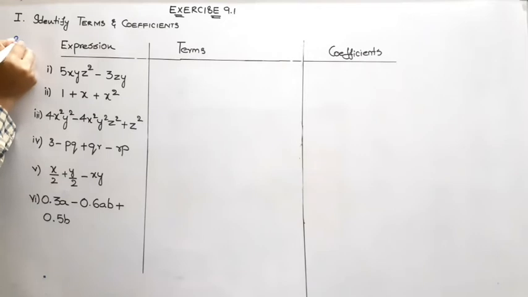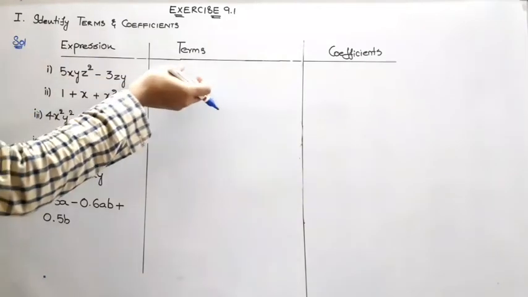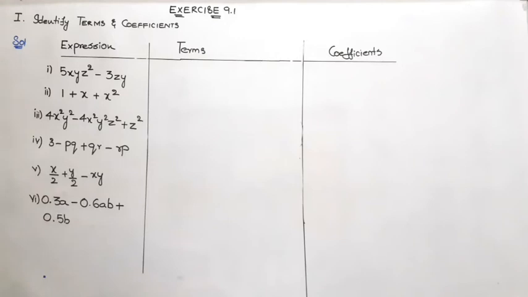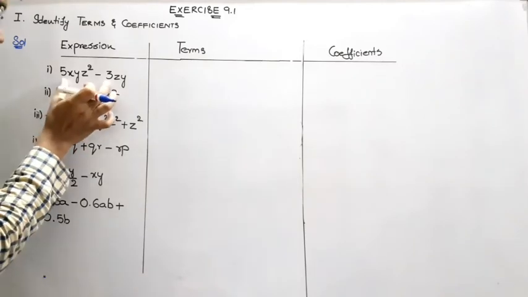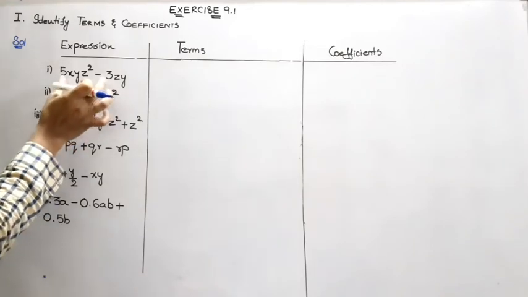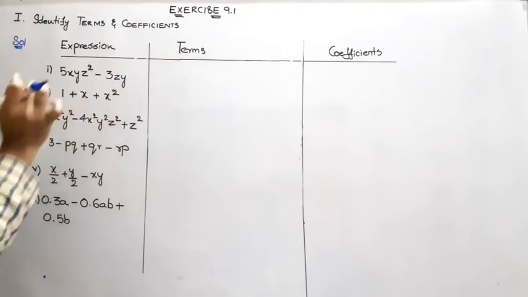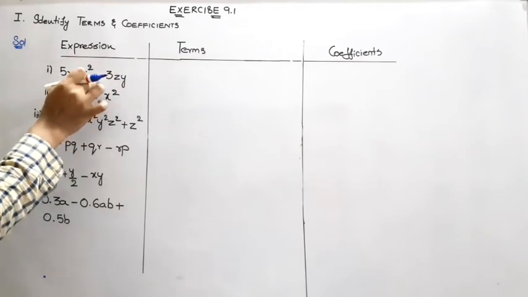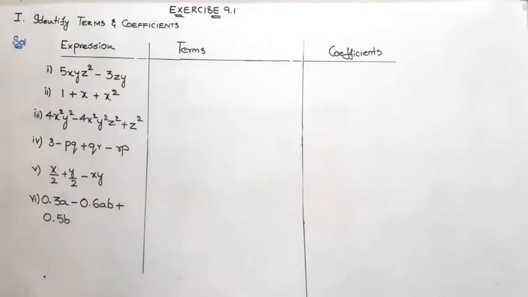So in the given question they asked us to identify the terms and coefficients. First let us check with the terms. In any expression, when two or more terms are separated by addition or subtraction symbol, we call them individually terms.